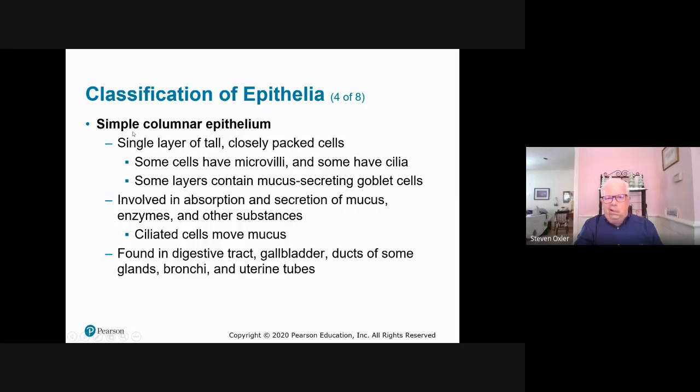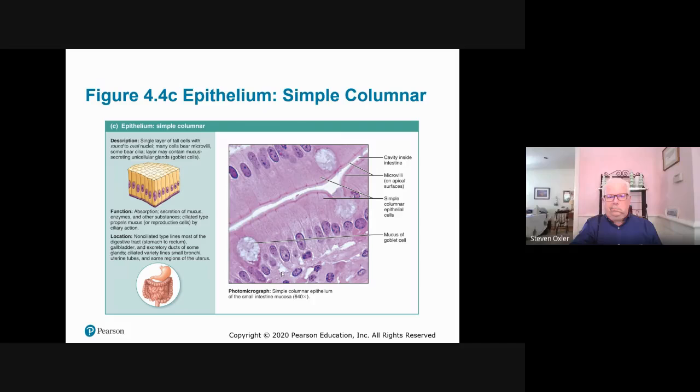These simple columnar one-layer tall cells are found in the digestive tract, in your gallbladder, in your bronchi of your respiratory system, and in your uterine tubes. One layer of tall cells. Simple columnar epithelium.